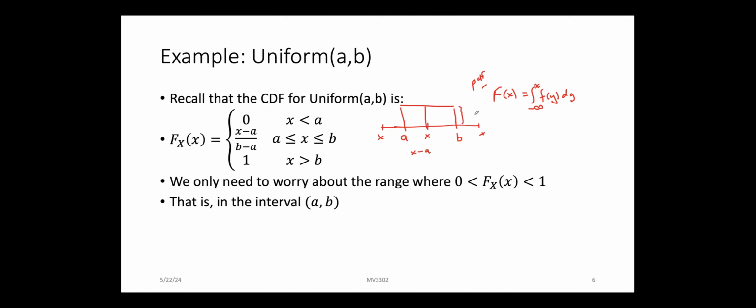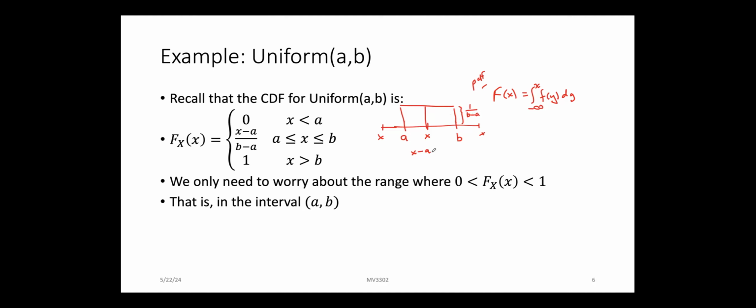Well, we don't know that yet, but there's only one value that height can be that will allow the area to be 1. It's going to have to be 1 over B minus A, right? Because that's the only value that makes the base times the height equal 1. That's the only thing it can be.